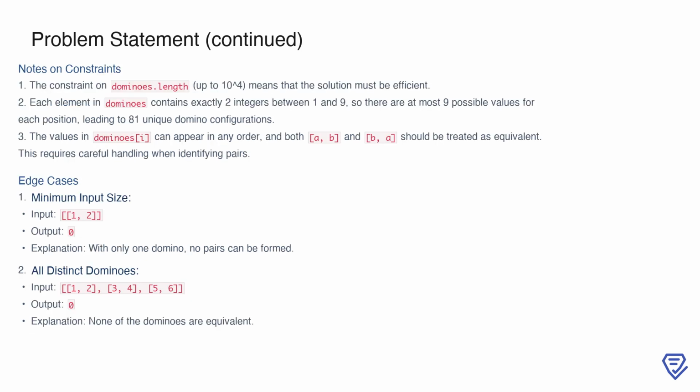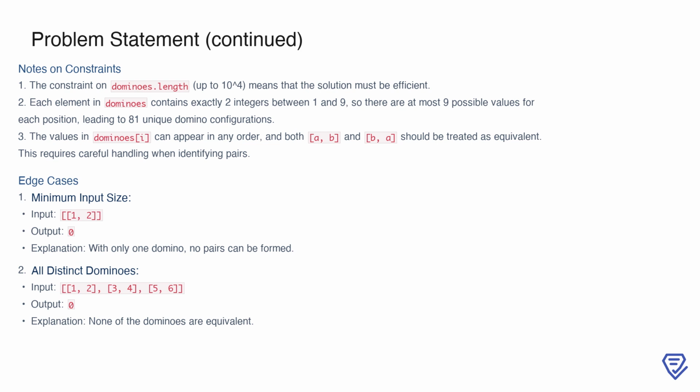Let's discuss the constraints and their implications for solving the problem. The input list can have up to 10^4 dominoes, which means we need to ensure our solution is efficient and can handle a large number of elements. Each domino consists of exactly 2 integers, both of which are between 1 and 9. This means there are at most 81 unique domino configurations, considering all possible combinations of 2 numbers and their reversals.